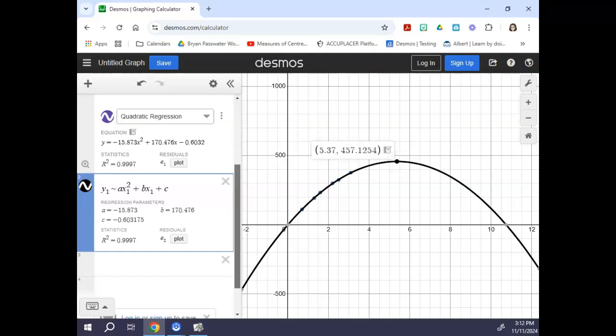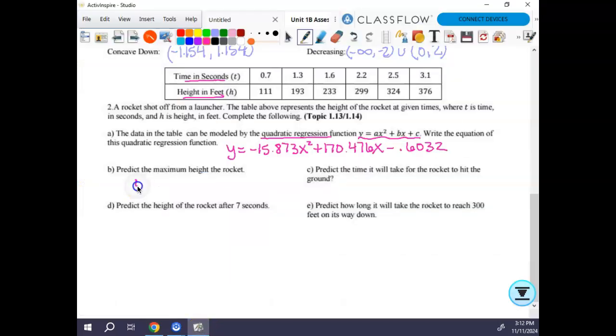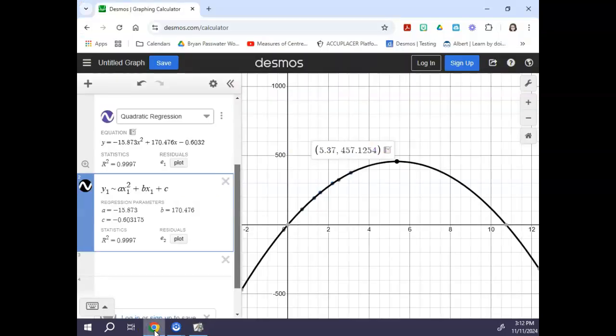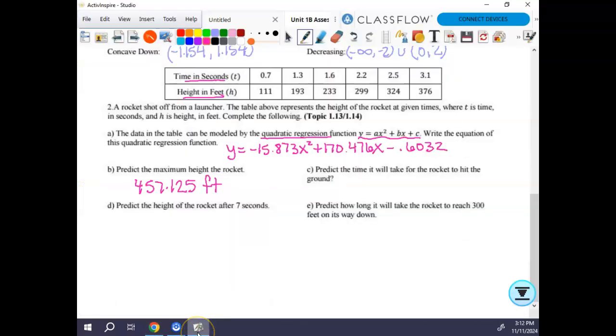So the maximum height looks like it's about 457.125 feet. Predict the time it will take for the rocket to hit the ground. So that would be here, because if it's launched from the ground, here's the ground, right? So that time is 10.736 seconds.